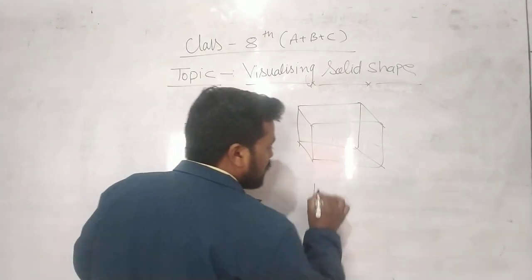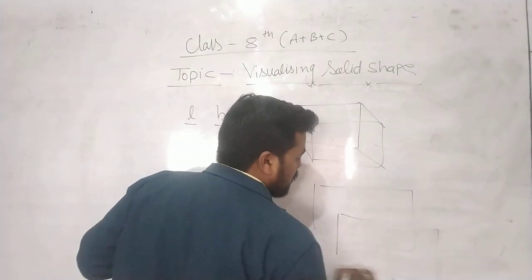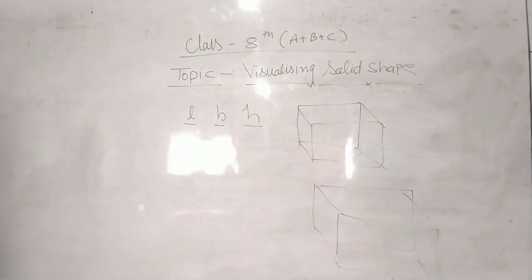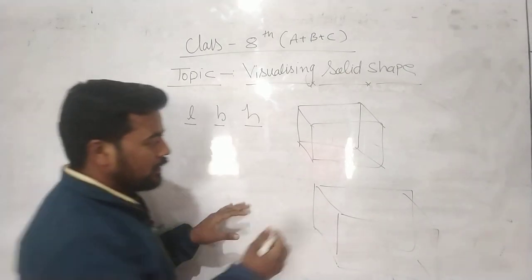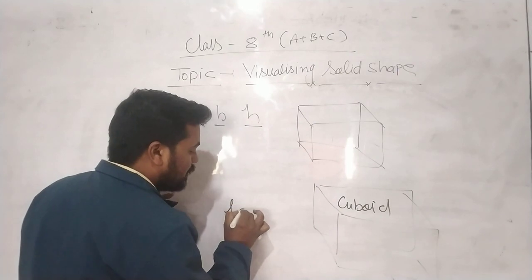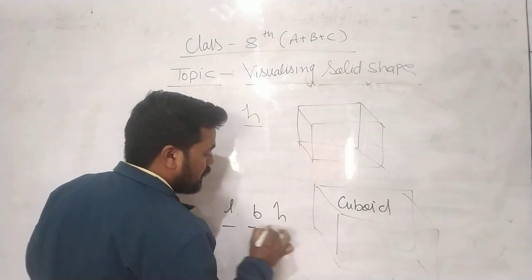And the second one is the cuboid. This one is known as a cuboid. In a cuboid you know that L, B and H are given.